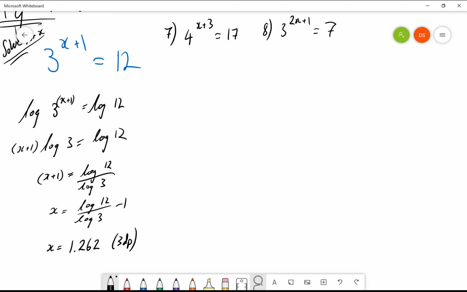And then we will have question 9, which is 27 to the power of 2x plus 3 is equal to 4. And then question 10 will be something really interesting: 0.7 to the power of 2x is equal to 7.